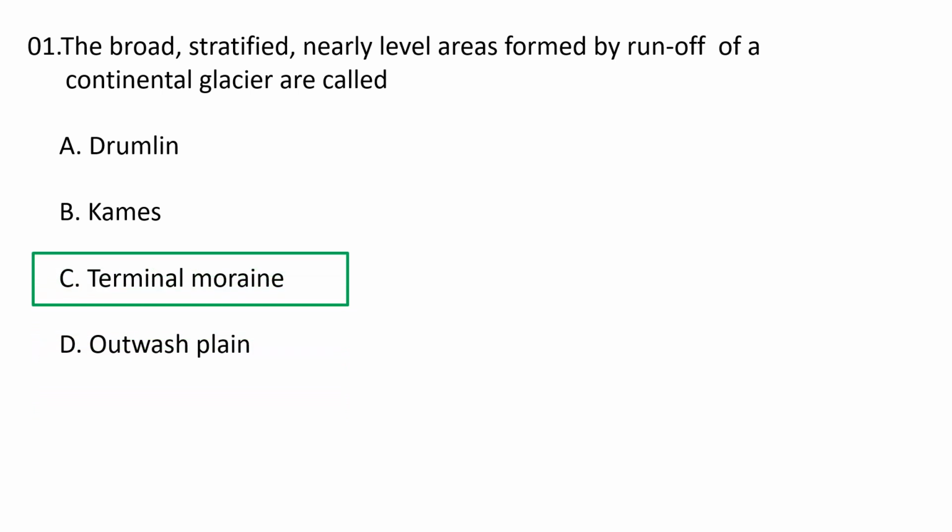A terminal or end moraine consists of a ridge-like accumulation of glacial debris which is pushed forward by the leading glacial snout and dumped at the outermost edge of any given ice advance. So it curves convexly down the valley and it may extend up the sides as a lateral moraine. So C, terminal moraine, is the correct option.